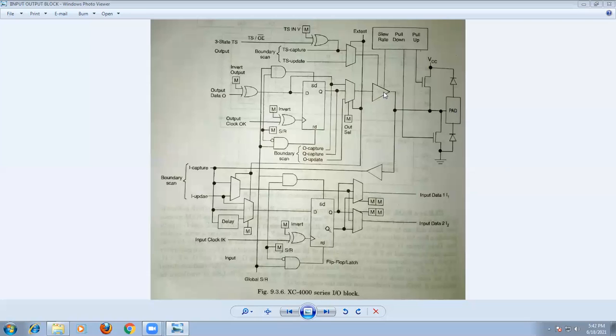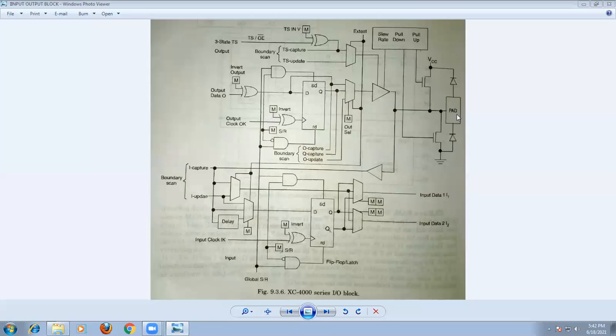Whenever we use the cell as an output pin, this buffer must be enabled. When it is in the high impedance state, this pin can be considered as the cell input, and when it is enabled, this pad can be used like an output pin.